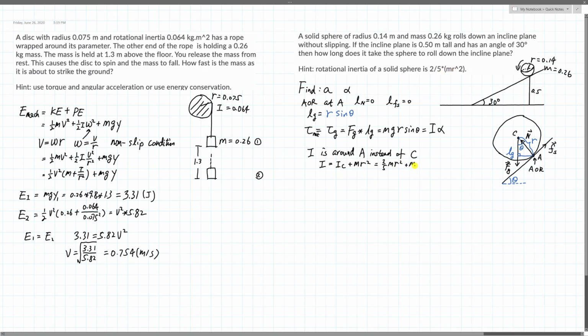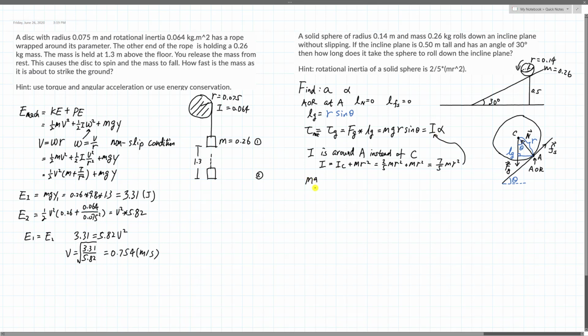And here we also have another mr squared because we're not rotating around the center. So that becomes 7/5 mr squared. Okay, so we have the whole left side. We'll be able to get the angular acceleration, so let's plug this into that.